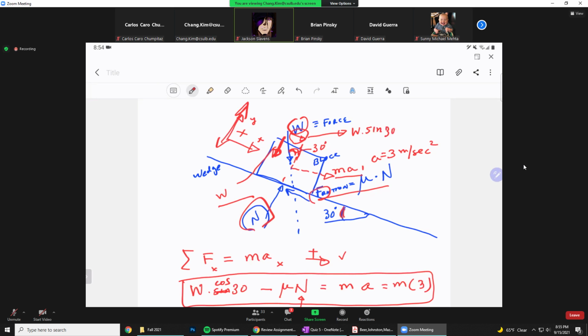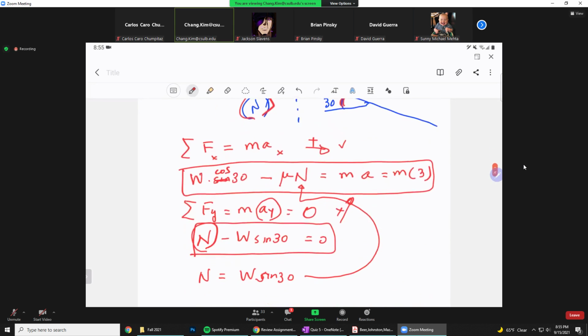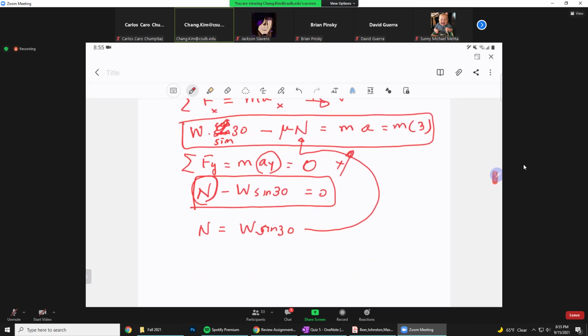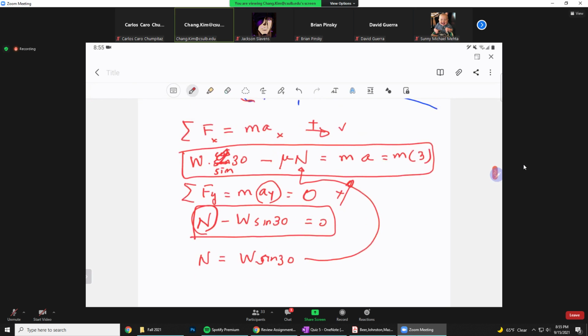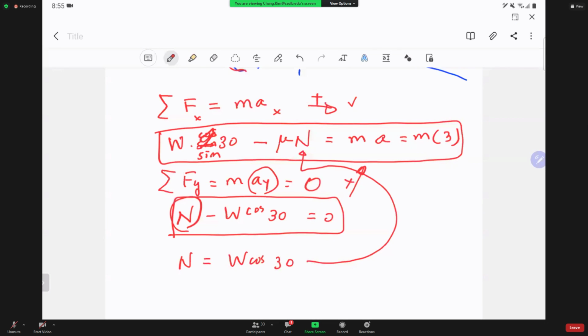So this is where I made a mistake. This is 30, so this is still the sine, and this guy will be cosine. So now the n is W times cosine of 30, and I'm going to substitute that in.